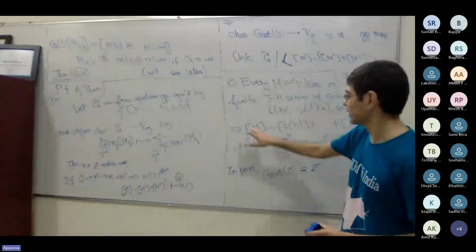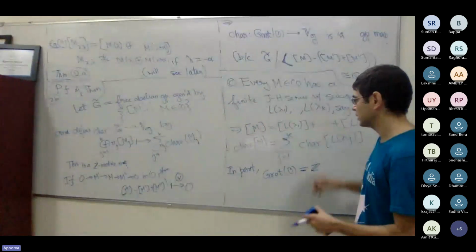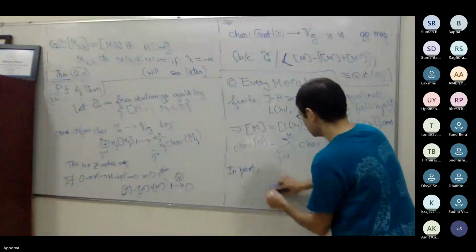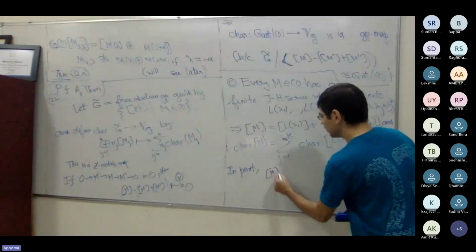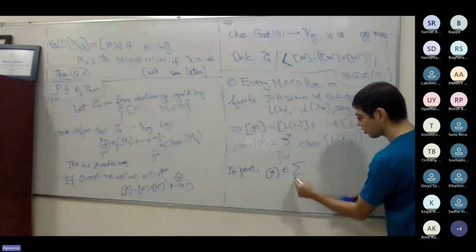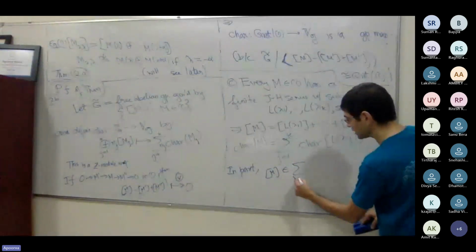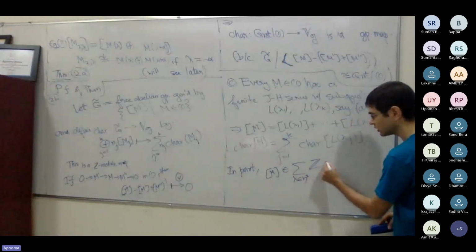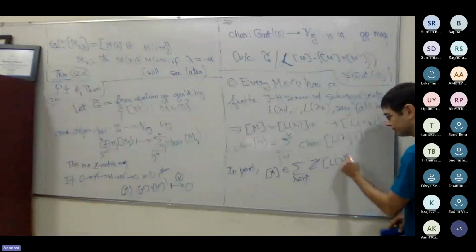Every such basic element in the group is a combination of these guys. So M belongs to the sum, we'll talk about the directness later, over lambda in H star, of Z integer combinations of L lambda.